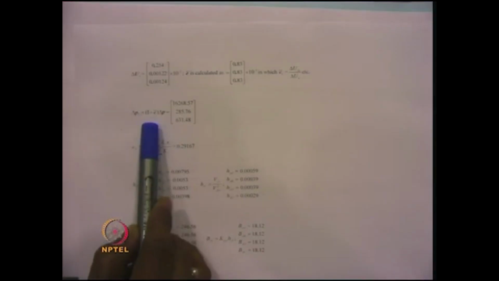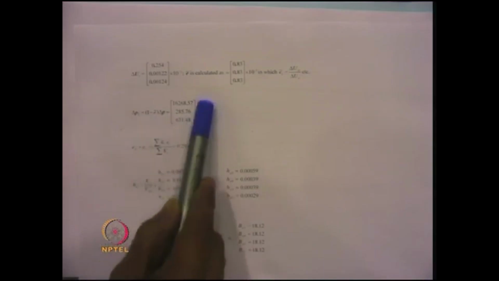Then delta P2 is calculated as 1 minus E bar into delta P. So, we get the value of delta P.